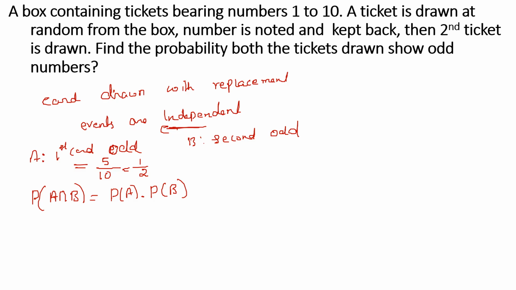Again, probability of B. Since we are returning the card back, again there will be 5 odd numbers out of 10. So, 5 by 10 is 1 by 2. So, 1 by 2 into 1 by 2 is equal to 1 divided by 4, 0.25.